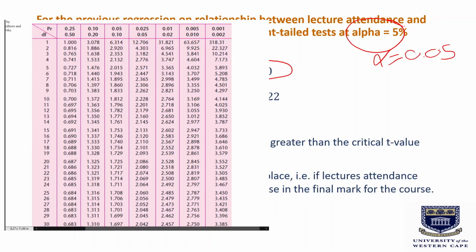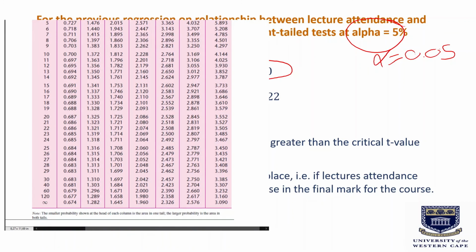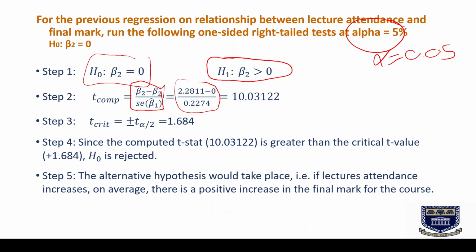So we are interested in this column over here where we have 0.05 as the smaller value in the header. And we're interested in 40 degrees of freedom, and that is associated with a critical value of 1.684, which is what's given on the slide as well. And clearly, 10.03122 is greater than 1.684, and therefore the null hypothesis is rejected.